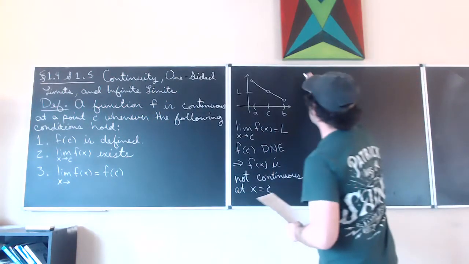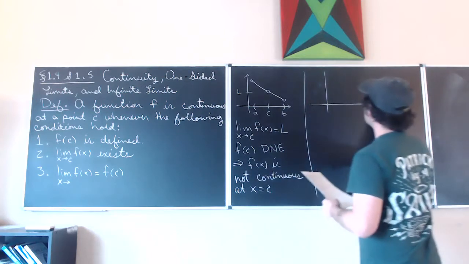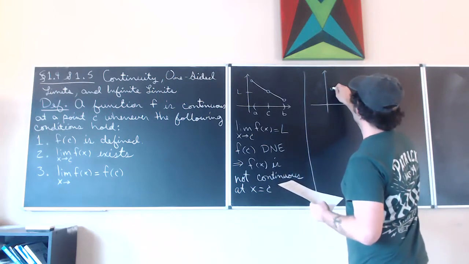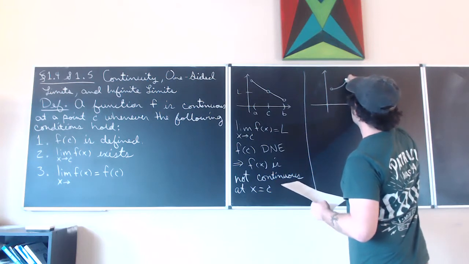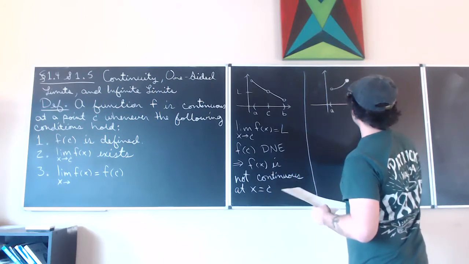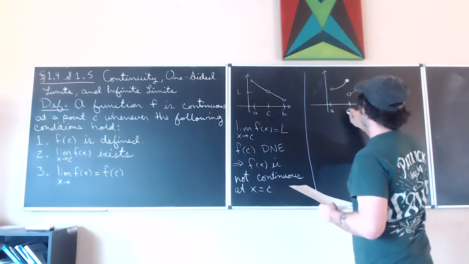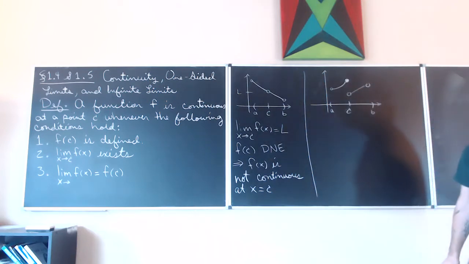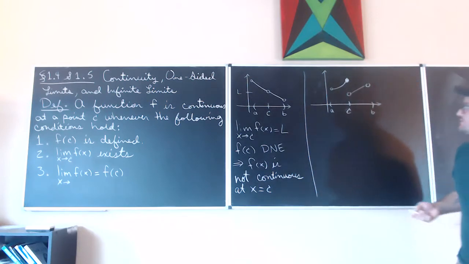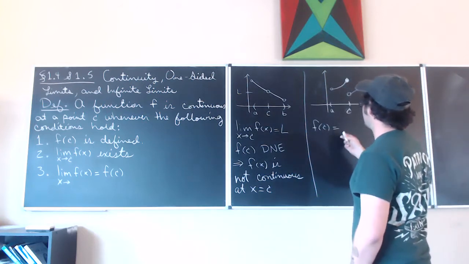So what's another possibility? What about something that looks like this? We have some open interval AB, and then here's C. In this case, f of C is defined.